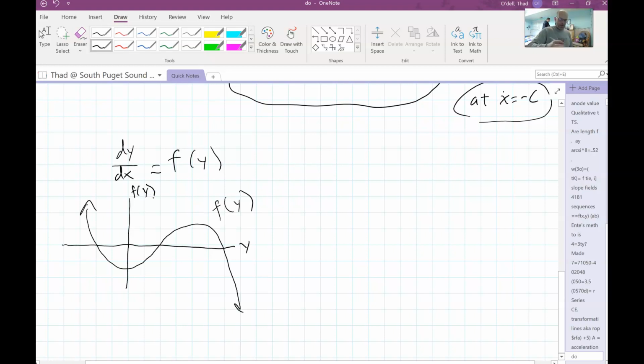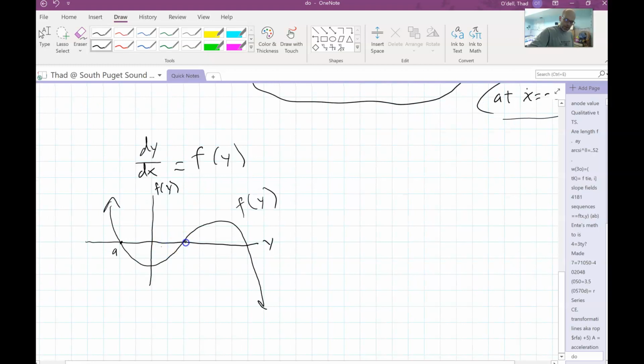Okay, and let's say that that point right there is A, that point right there is B, and that point right there is C. So remember, the first thing we do is look for equilibrium points, and the equilibrium points are what make the right side of the expression 0.